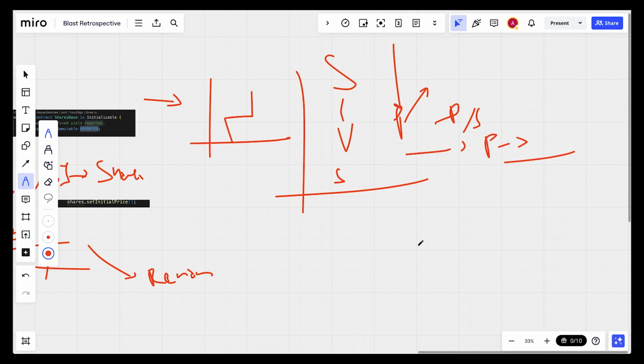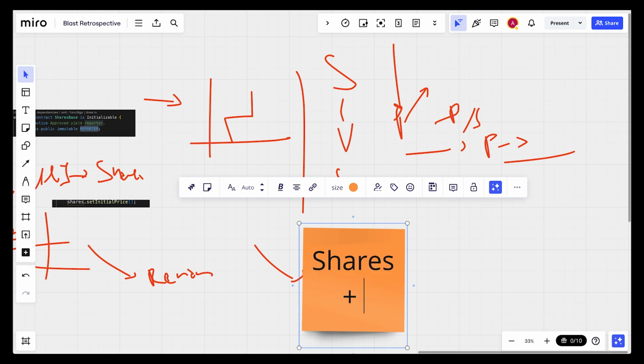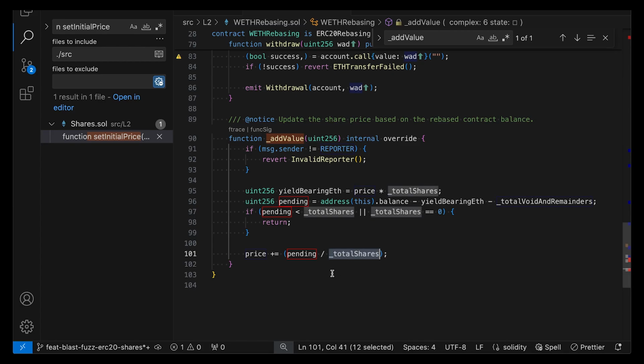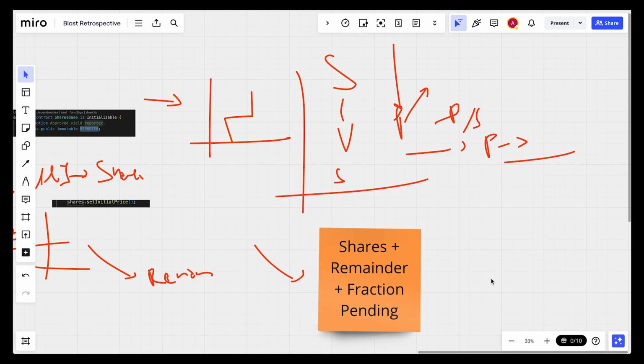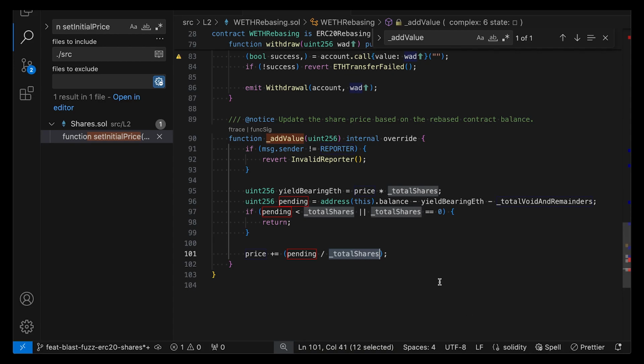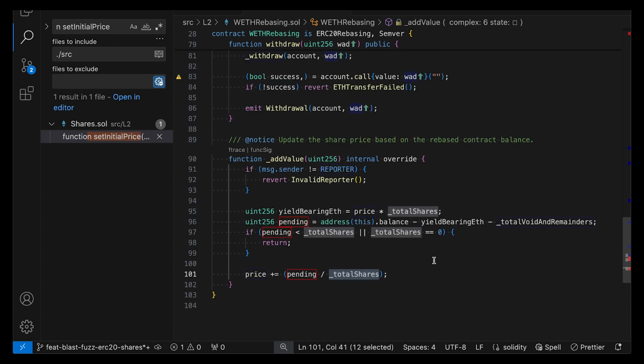And so you could argue, interestingly enough, that the value of your deposit will be equal to the value of your shares plus the remainder plus the fractional pending, which is basically a value that is below 1 unit, but it's that remainder of a unit that you would be credited if that unit were to round up, which in this case it's not, and so it's stuck until it will.